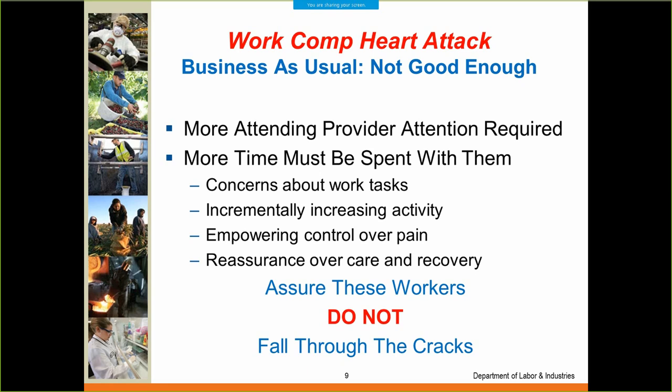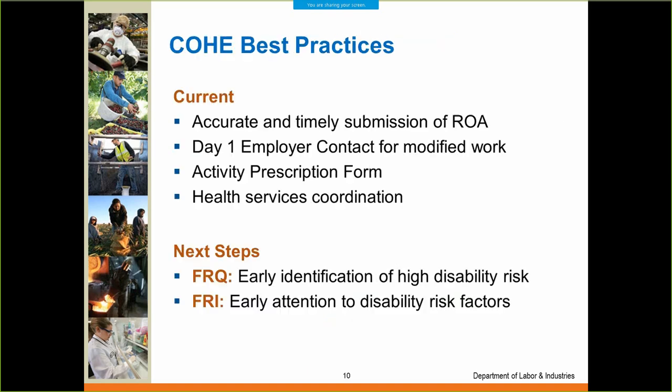So one of the key things with the COHE and this whole effort that we're doing is, when we identify these workers, we need to make sure they don't fall through the cracks.